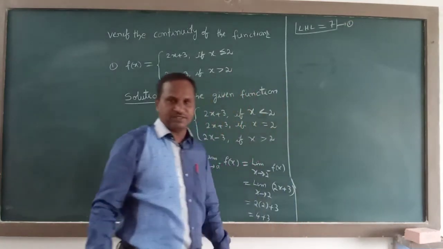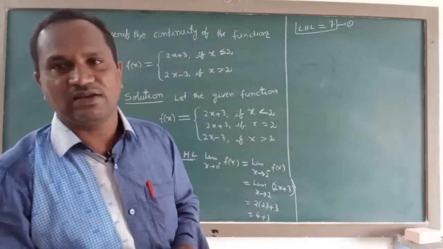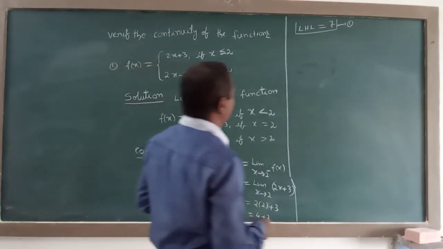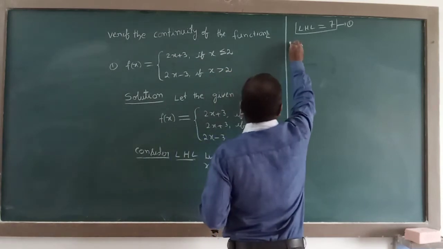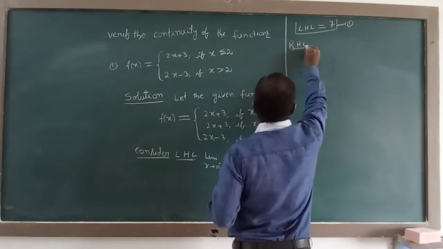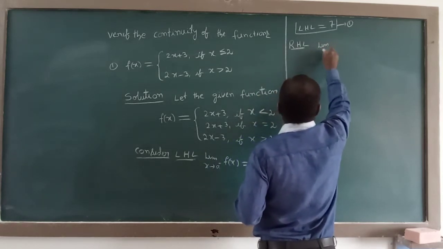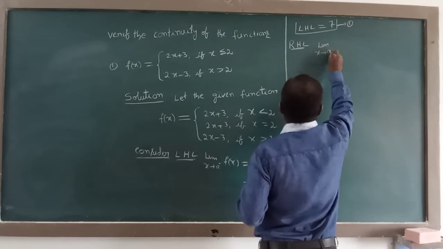Next, we are going to find the right hand limit, RHL. RHL is equal to the limit as x tends to 2 plus of f of x.